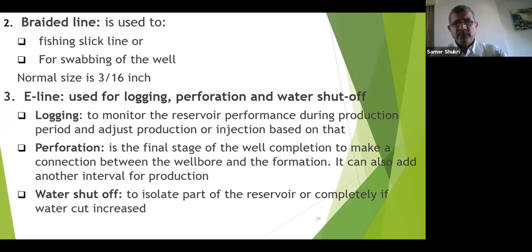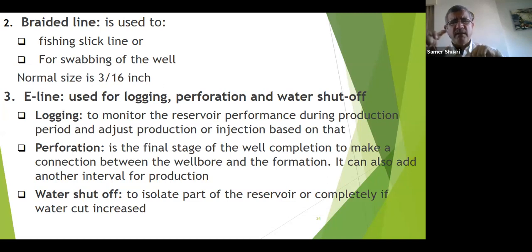We also have perforation. This is the final stage of the well completion, to make a connection between the wellbore itself and the formation, a conduit, to allow the reservoir fluids to enter from the reservoir to the wellbore. It can also add another interval for production.